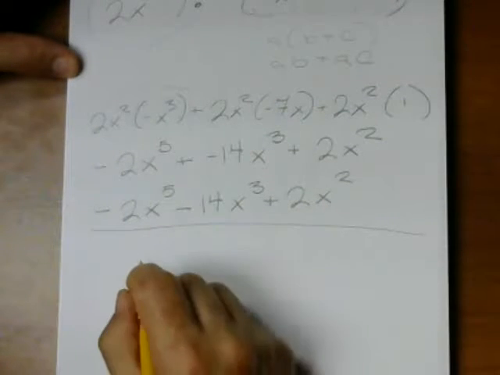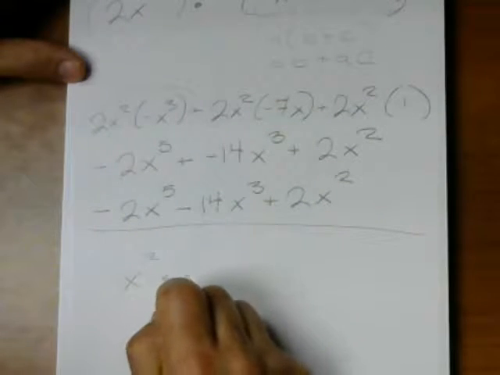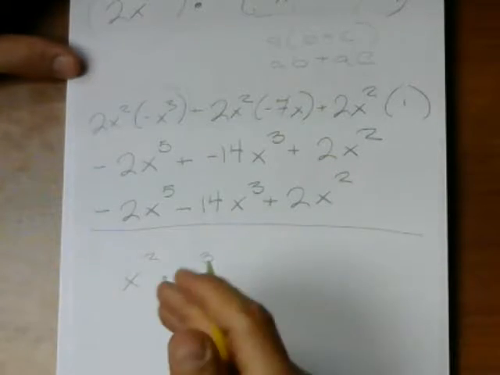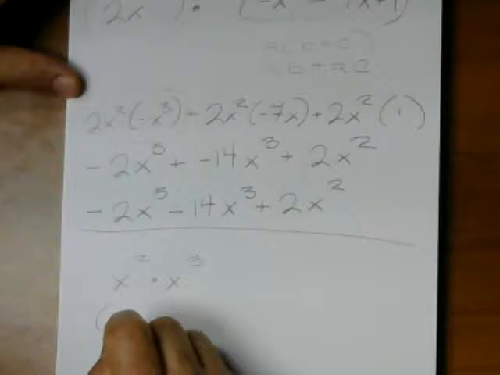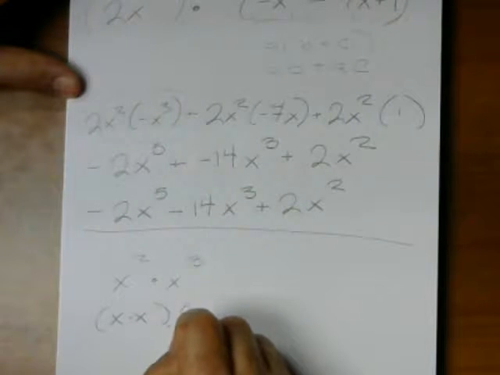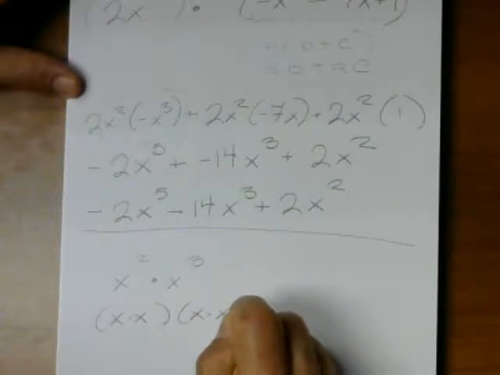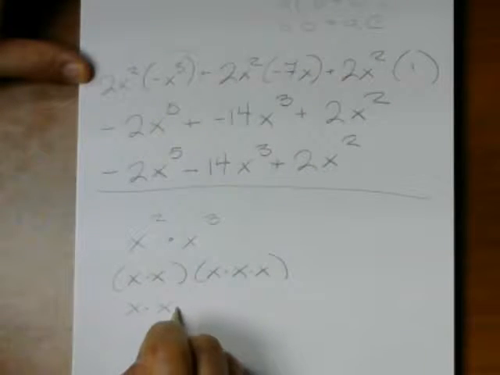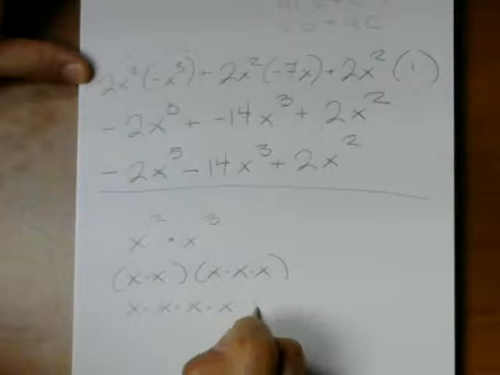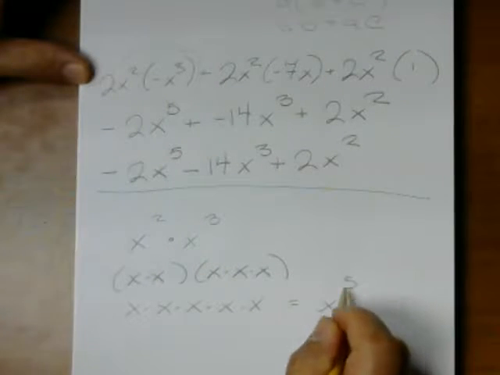Just as a refresher, if you have x squared times x cubed, what does that mean? Well, that means I have 2 x's there and 3 x's there. So it is just x times x times x times x times x, which is x to the fifth.